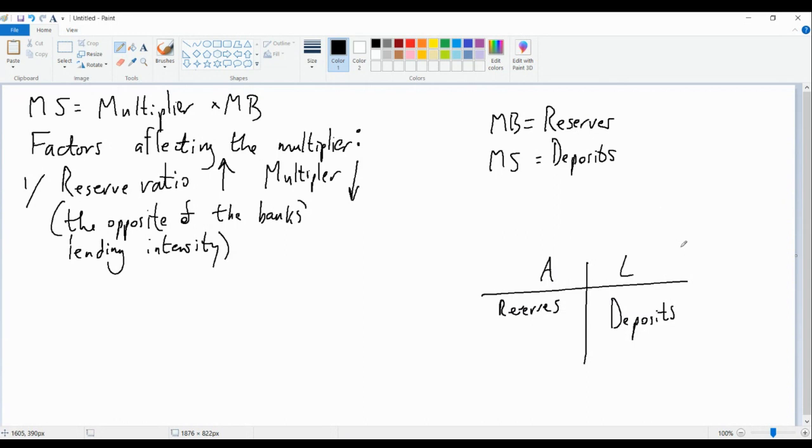So you could add up all the deposits in all the banks and all the reserves at all the banks, and you'd end up with a giant balance sheet where, again, the deposits are going to be larger than the reserves. If the deposits are X, some very large amount of dollars, the total deposits in the economy, what are the reserves going to be? It's going to be X times whatever reserve ratio the banks like. What is the multiplier?